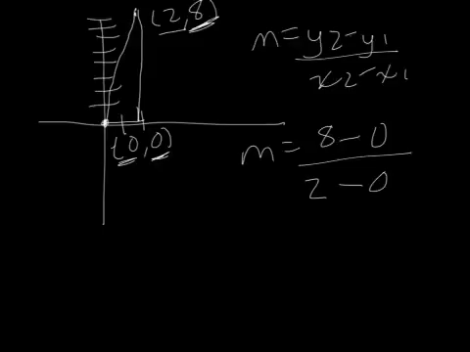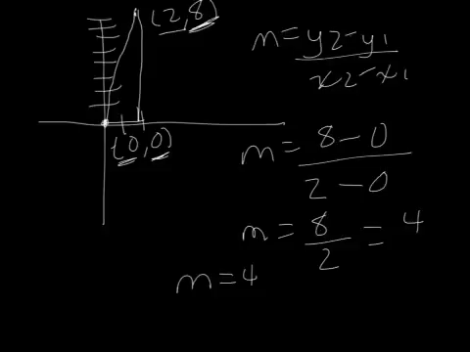So 8 minus 0 is going to give us 8, and 2 minus 0 is going to give us 2. 8 over 2 is going to simplify to be 4. So the slope of this line is going to be m equal 4, which is a little bit steeper than our previous line, m equal 1.